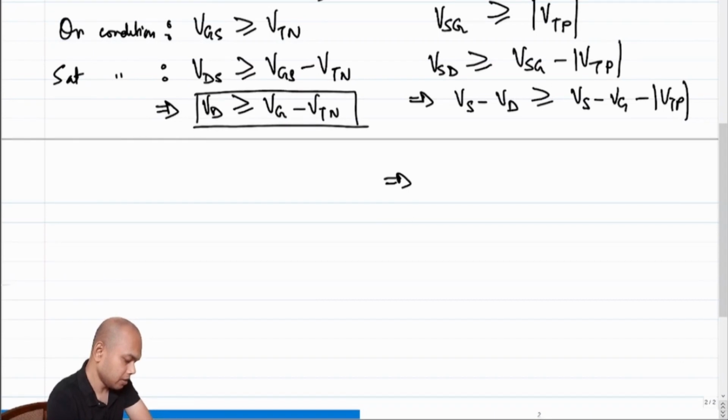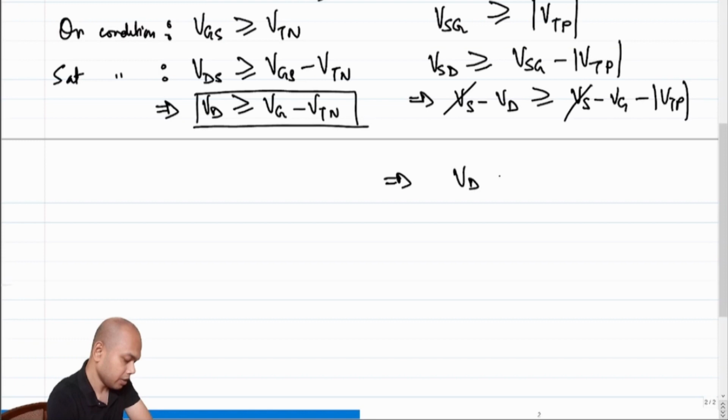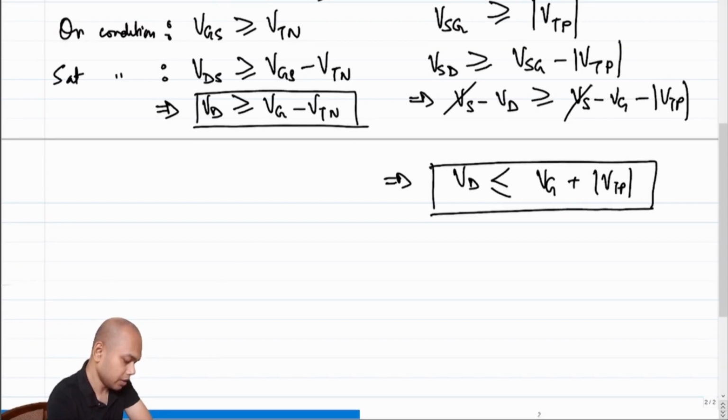Which means Vs goes off, which means Vd should be less than or equal to Vg plus mod of VTP, right? So this becomes the saturation region condition.